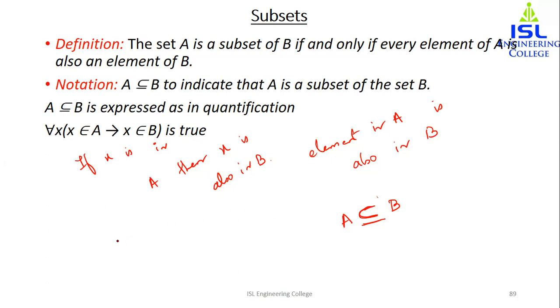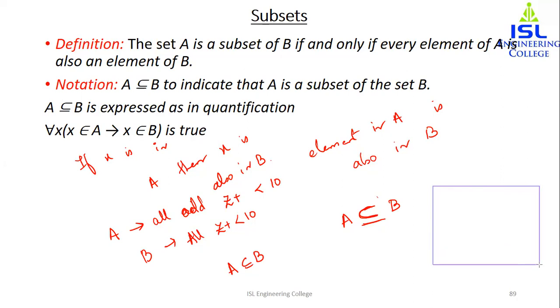If set A is all odd positive integers less than 10, and B is all integers less than 10, then A is a subset of B. And the subset relation is denoted using this kind of Venn diagram. So the Venn diagram for the subset is denoted in this way.